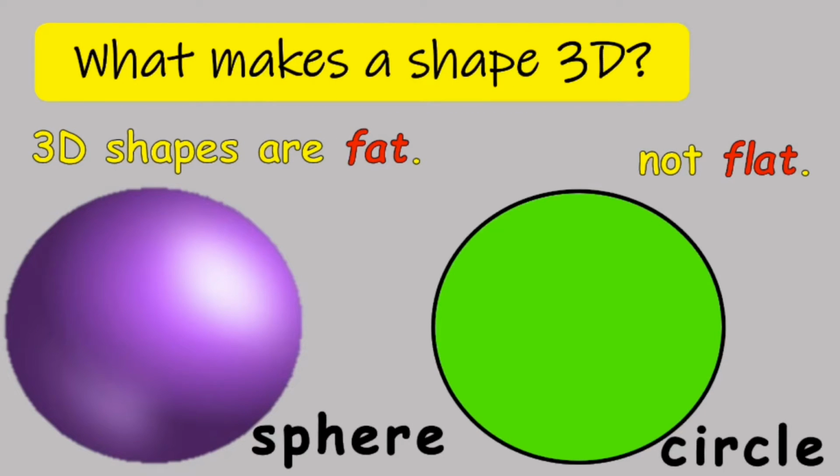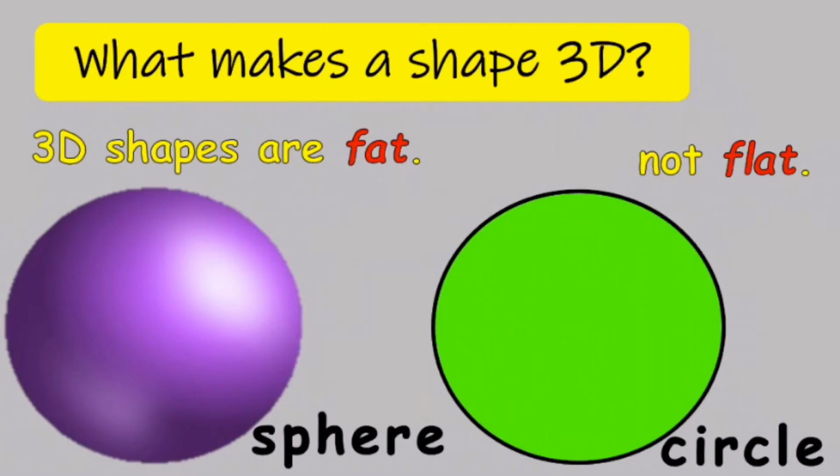There's an old rhyme that says 3-dimensional shapes are fat. F-A-T, fat, not flat. F-L-A-T, flat. So 3D shapes are shapes that we can touch, pick, and carry. Again, 3D shapes are shapes that we can touch, pick, and carry.